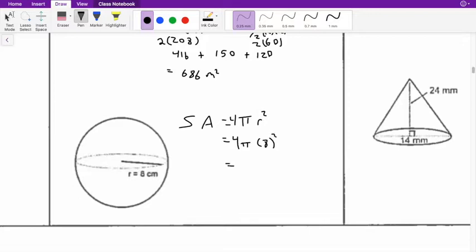Let's go over to my calculator, 4 times pi times 8 squared equals, and I know that Laura, Colby, and Frankie already have this written down, it's 804 centimeters squared.